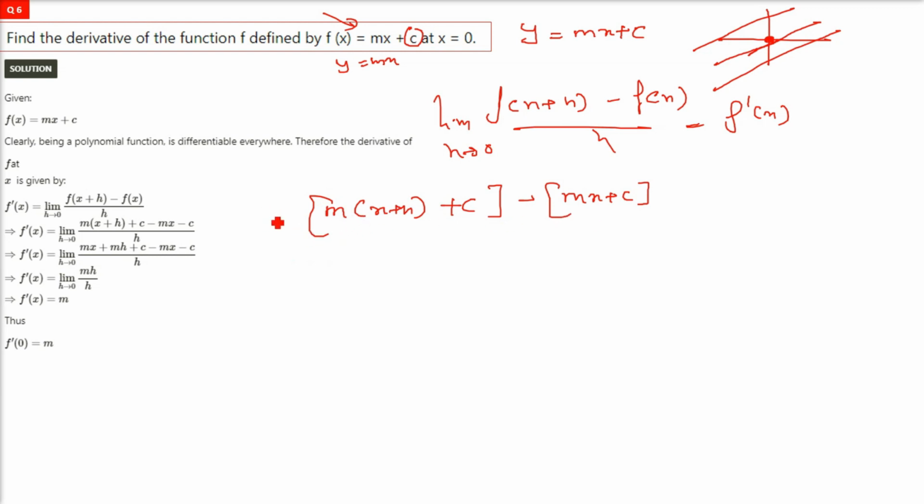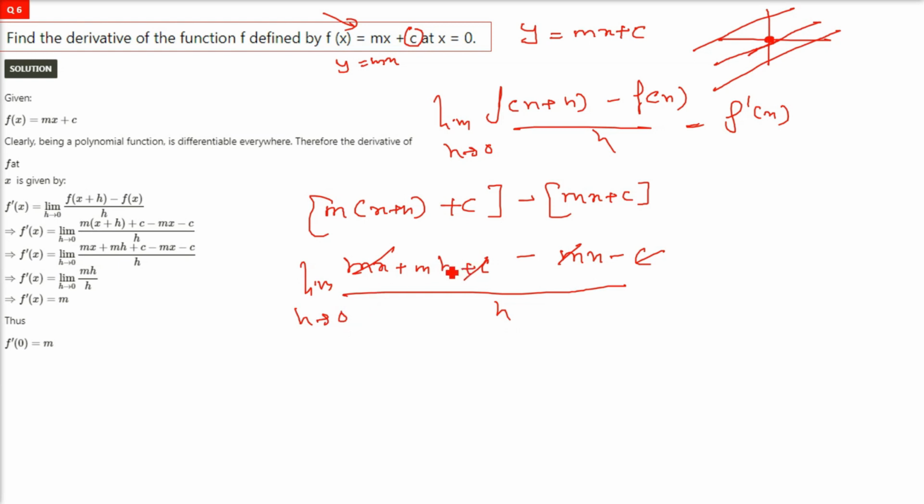So this is going to be, and limit h tends to 0 is also there. mx plus mh plus c minus mx minus c, mx gets cancelled, c gets cancelled, you have mh divided by h, limit h tends to 0 is already there. Now you can cancel h, you will not be able to apply a limit because m is a constant. Now this result is very important.